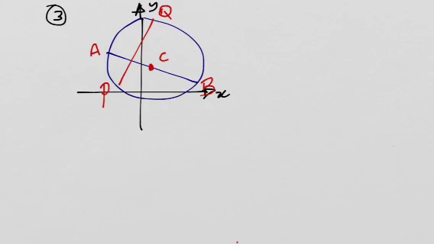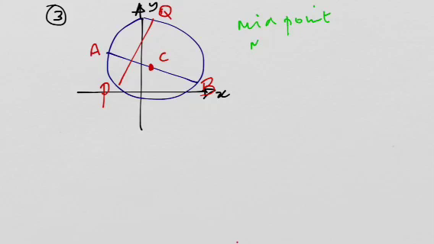Question 3, a circle and straight line question. Find the equation of AB, the perpendicular bisector of the line joining P and Q. Perpendicular bisector means we go through the procedure of finding the midpoint.